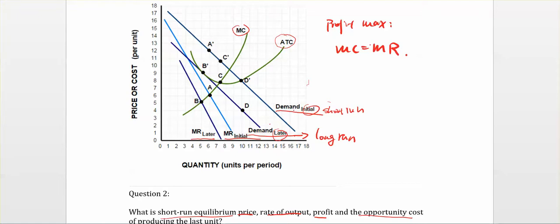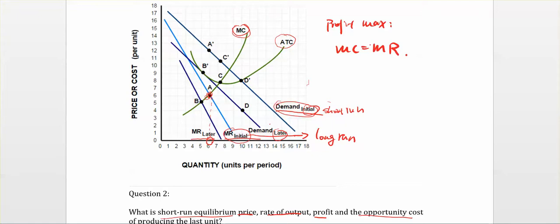We have to find the marginal revenue curve. At the intersection between the marginal cost and the marginal revenue, we get point A, corresponding to the 6th unit. So the 6th unit is the initial quantity supplied.